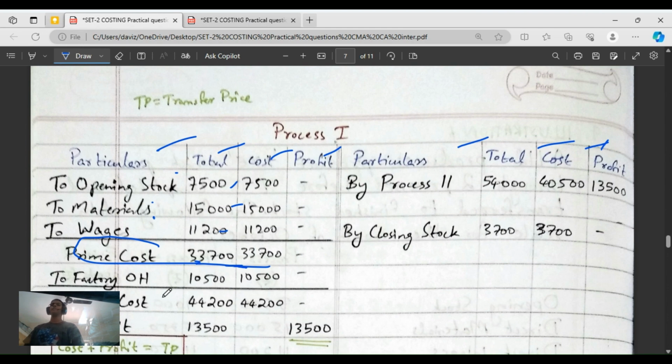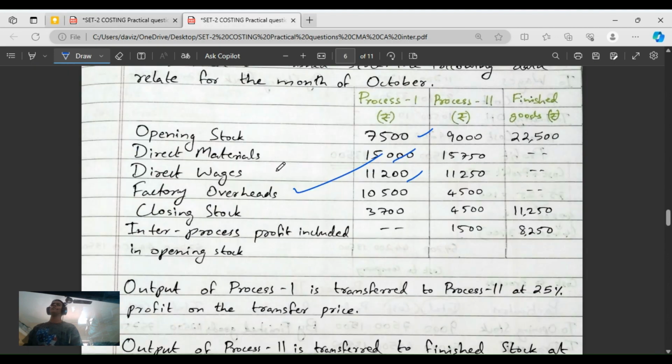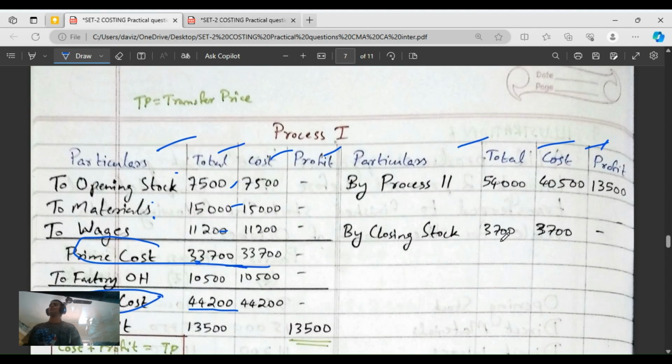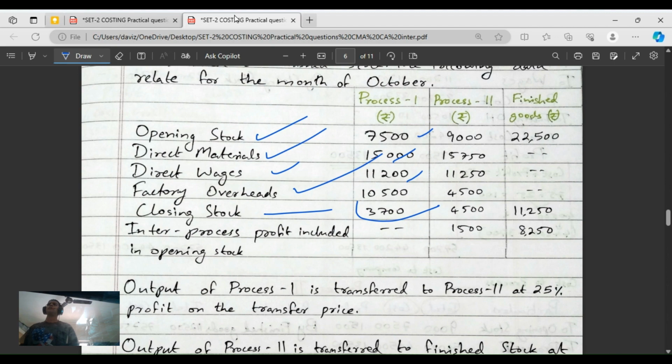We add that, we got the total cost. This is 44,200. Also we took opening stock, direct materials, wages, overhead, closing stock. Closing stock is 3,700. That also I got. Now the transfer price.